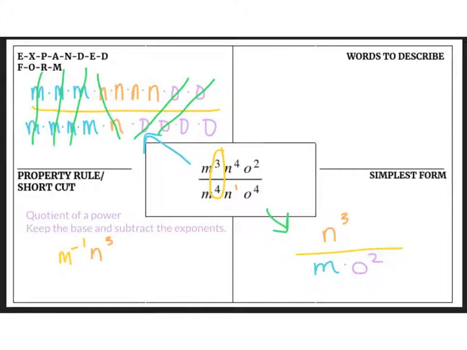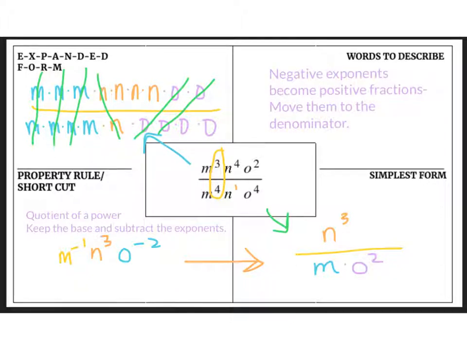And then o to the negative 2. So then notice in our answer, these negative exponents went down into the denominator. So in words to describe, I want to make a note of negative exponents become positive fractions, or you move them to the denominator.